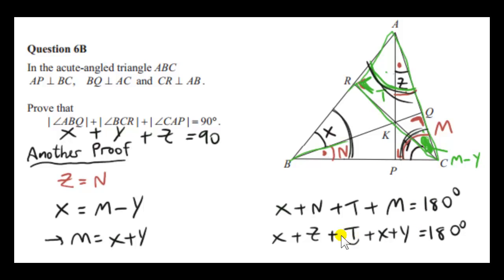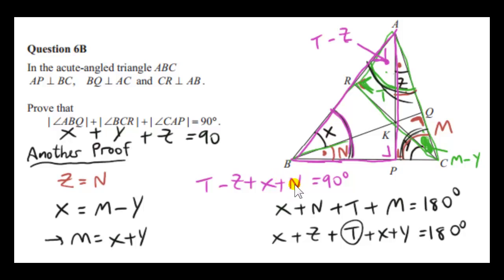The problem here is T. Let's look at this right angle triangle here. What's this angle? Well, it's the green angle T minus the black angle Z. So this is T minus Z. If we add T minus Z onto X plus N, we get 90 degrees because this is a right angle.